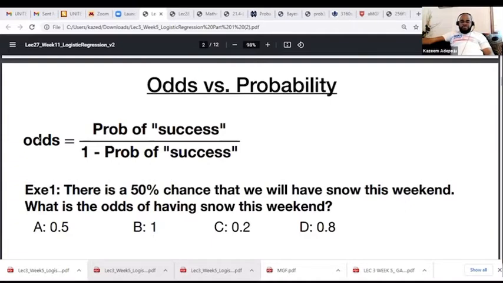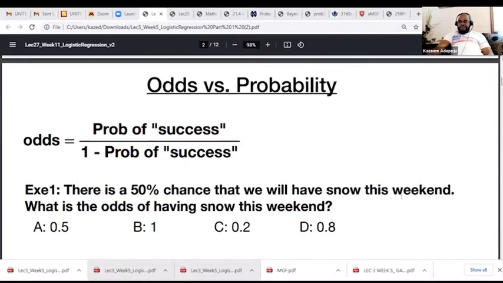So we have two characteristics of interest that negate each other, success and failure. By odds, we're talking about the ratio of the probability of success to the probability of failure.